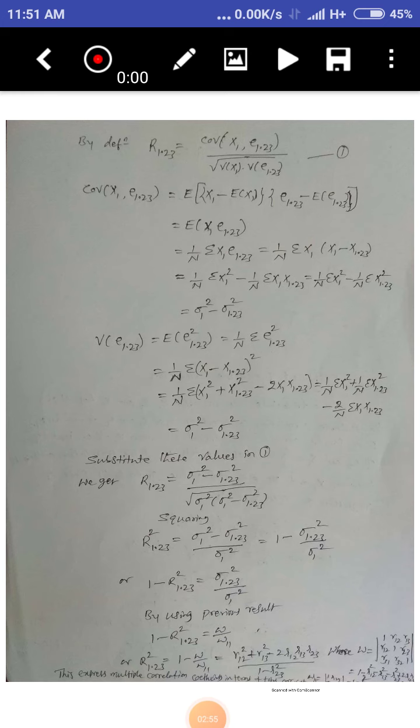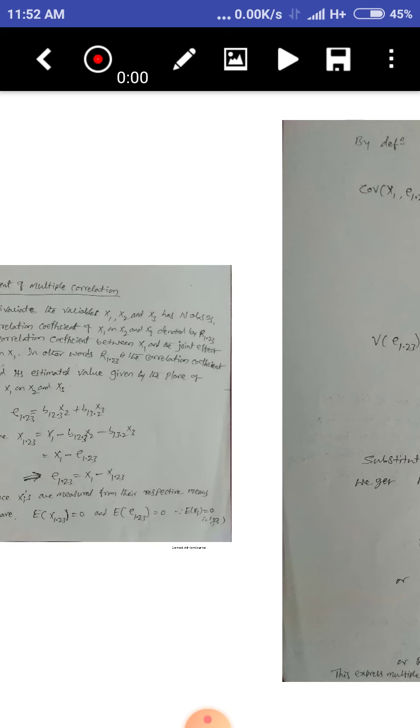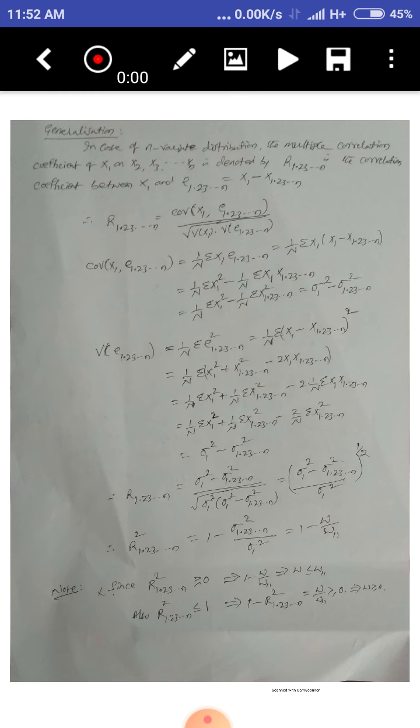So by definition, R1.23 equals covariance between x1 and E1.23 divided by the standard deviation of x1 and the standard deviation of E1.23. Now we find the covariance between x1 and E1.23.